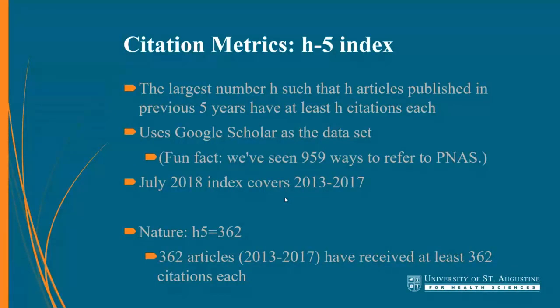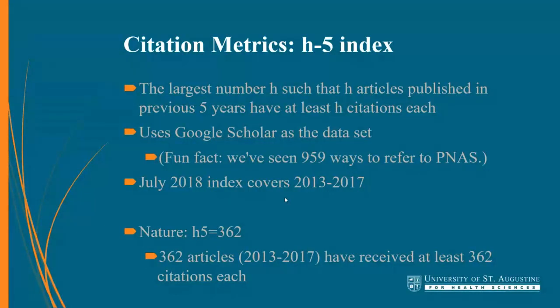They talk about the Proceedings of the National Academy of Science, the PNAS, that I've got on my fun fact there. When they're scraping that data, they're trying to normalize that and make sure that everything is counted as the same thing. But they've seen 959 ways for people to refer to that journal. So that's potentially 959 different treatments of that. Those may not all be assembled into a single publication when they're actually calculating the citation.